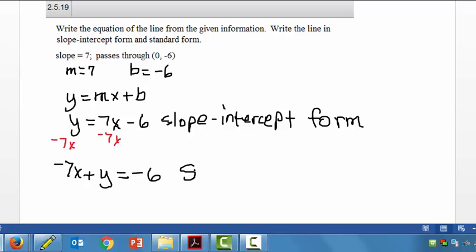And that is one of the equations that fits the description of the standard form. Remember, that form is not unique. If I multiply this by any non-zero constant, I'll get another standard form for the same equation. Only the slope-intercept form is unique.